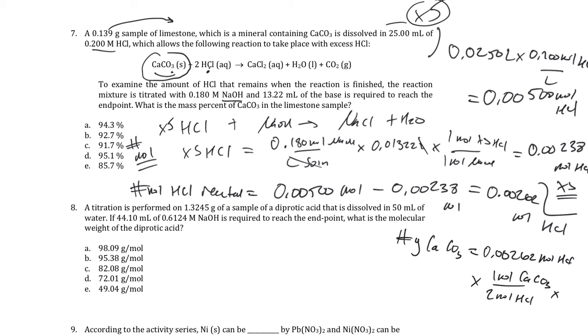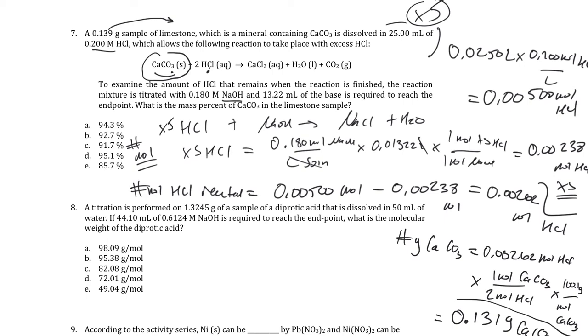Nice that they've given it to us, but it's 40.08 grams for calcium plus 12.01 plus 16 times 3, which is 100.1 grams per mole. So 0.00262 divided by 2 moles of HCl per mole of calcium carbonate, times 100.1, means we have 0.131 grams of calcium carbonate in that sample.